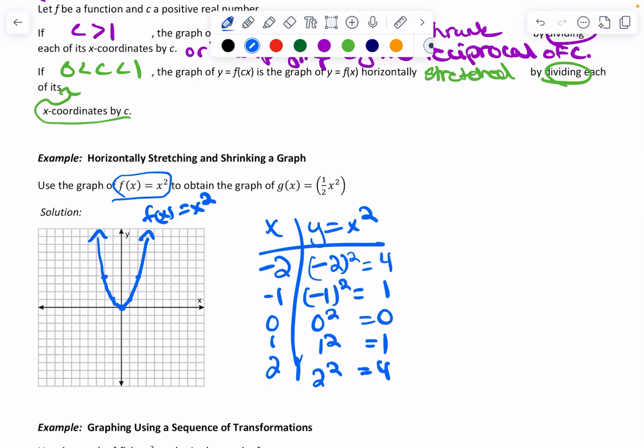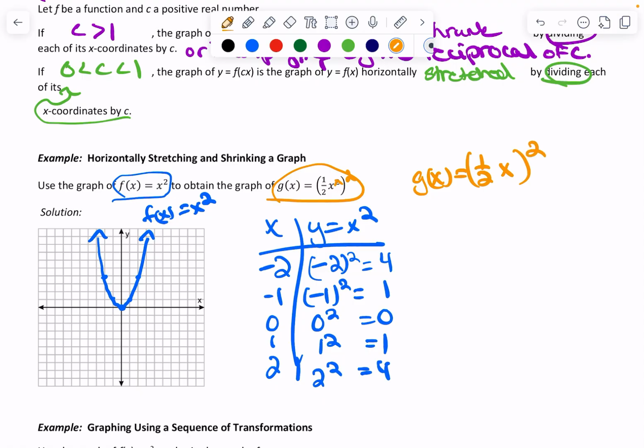Now, if we look at g of x here, g of x equals half times x squared. And actually what we're going to do here is bring the 2 outside. So g of x equals half x squared.